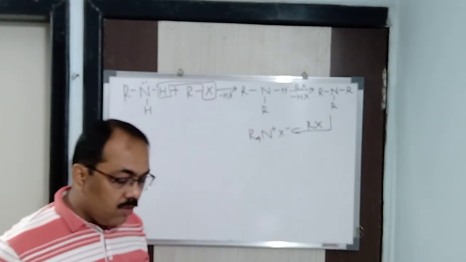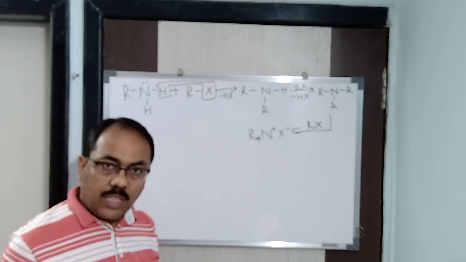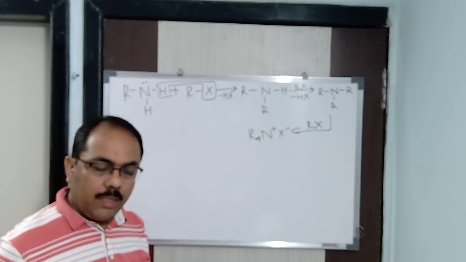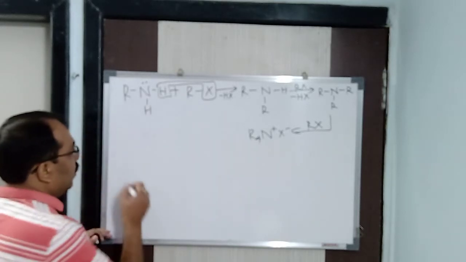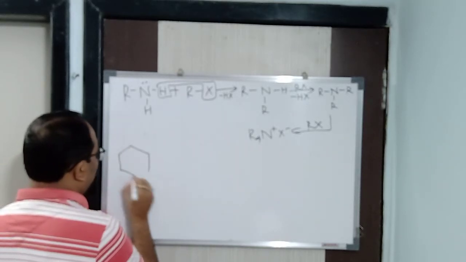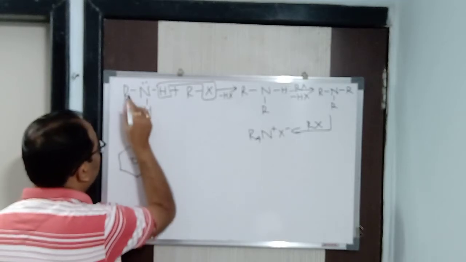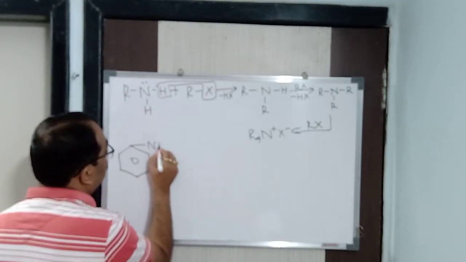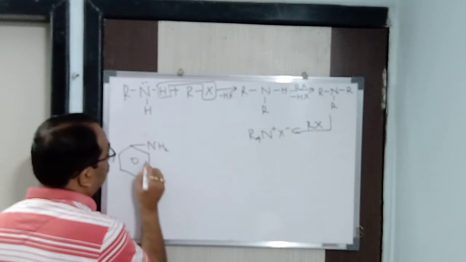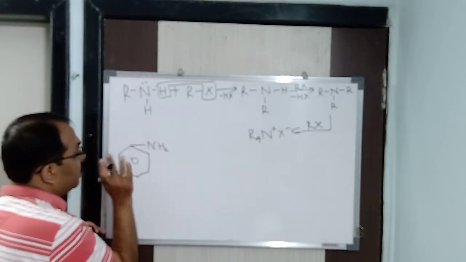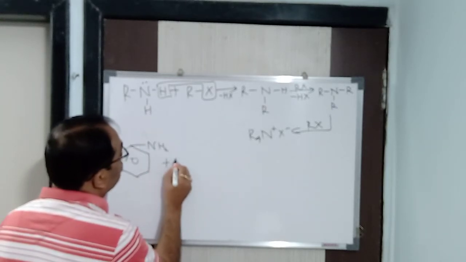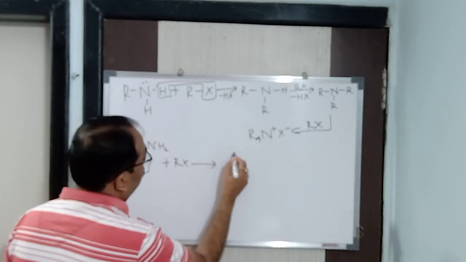Now next, this also can be done with aniline. How? See here, benzene ring NH2, same thing, in place of R I have used the benzene ring, plus RX, so to say. So what will happen?